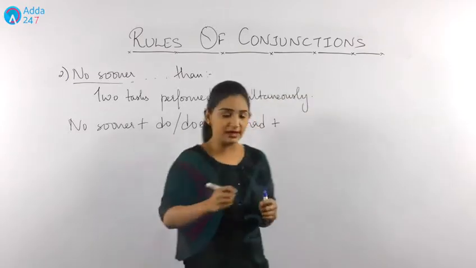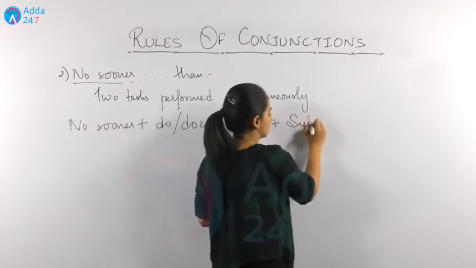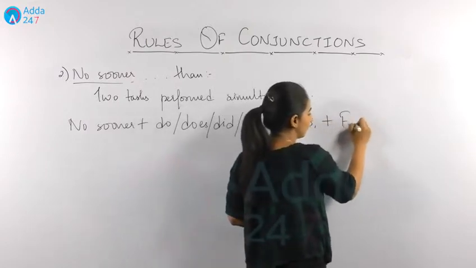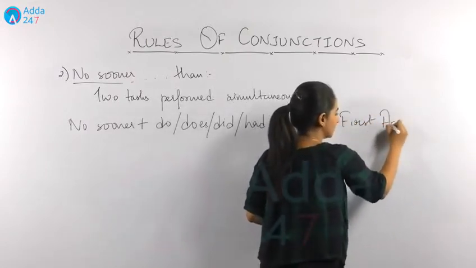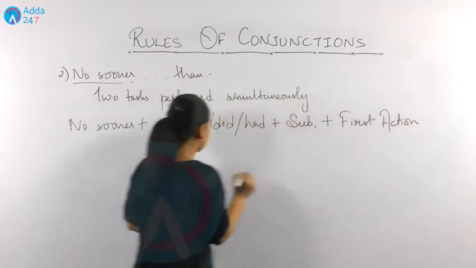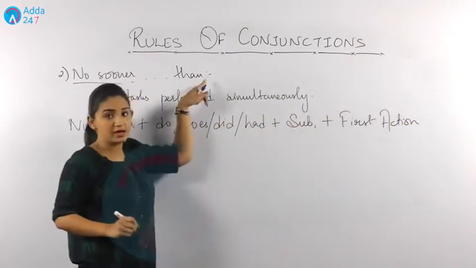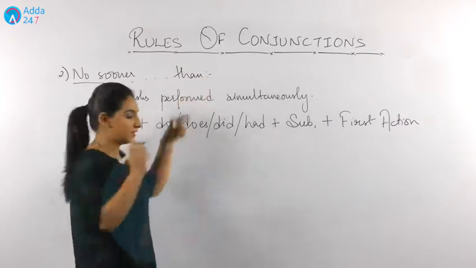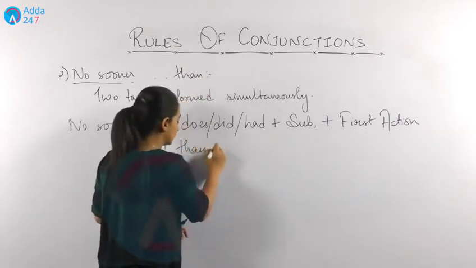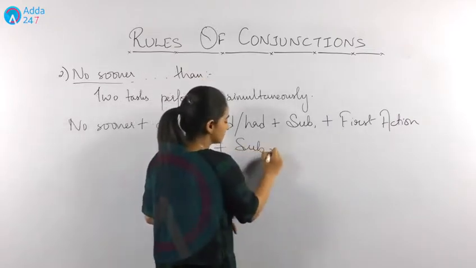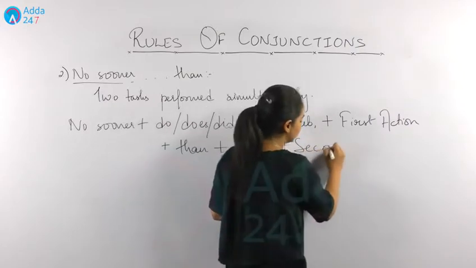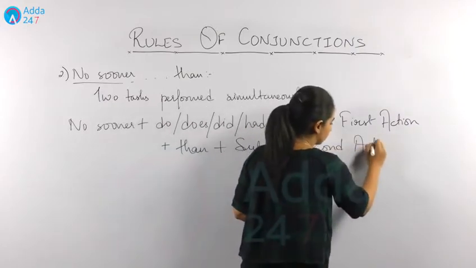After this, you will place your first subject, then your first action. After that, you will place what? What did I tell you to place with no sooner? It is than. And after that you'll place your second subject, with that the second action.